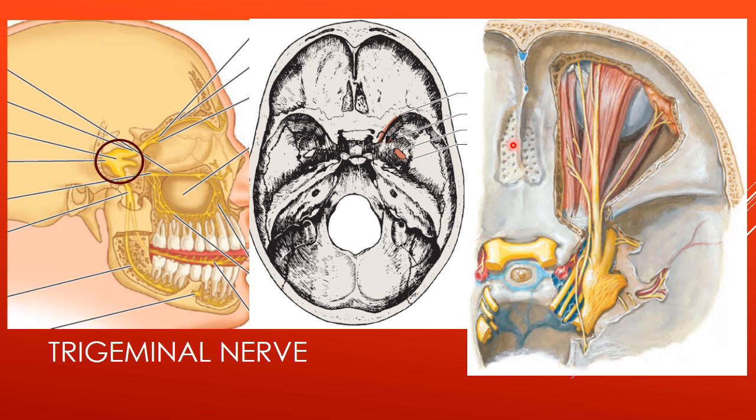This is a picture showing the trigeminal ganglion, its three branches, and where these three branches exit the skull. This is V1 exiting the skull through the superior orbital fissure, the maxillary nerve or V2 exiting the skull through the foramen rotundum, and V3 or mandibular nerve exiting the skull through the foramen ovale.